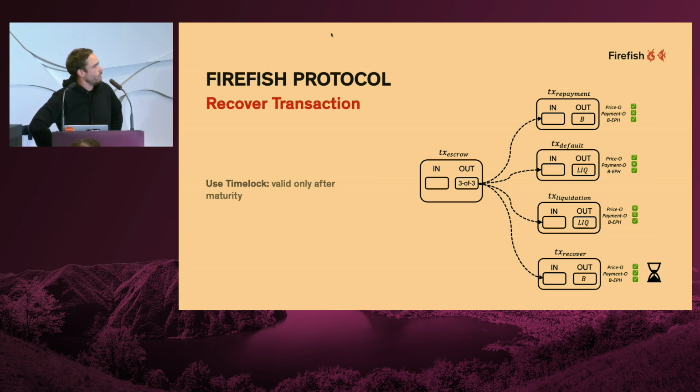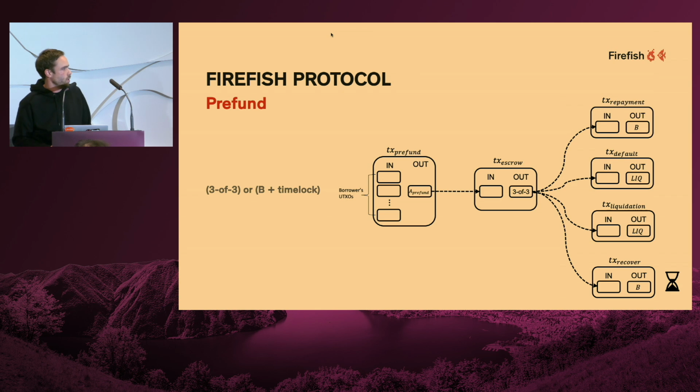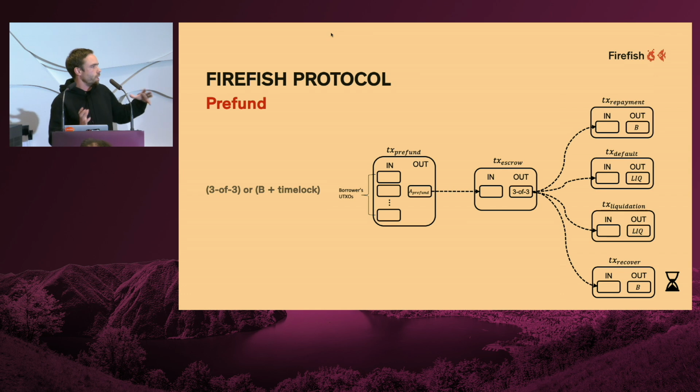And we wanted to make sure that users of different kinds of infrastructure can still use the contract. So what we did as a hack is to create a UTXO consolidation transaction before that. So in the end, the interaction for the generic use case would be that the borrower would be sending their UTXOs to another multisig-based construction. In this case, it's going to be 3-of-3 multisig, or the borrower plus some very short time lock.